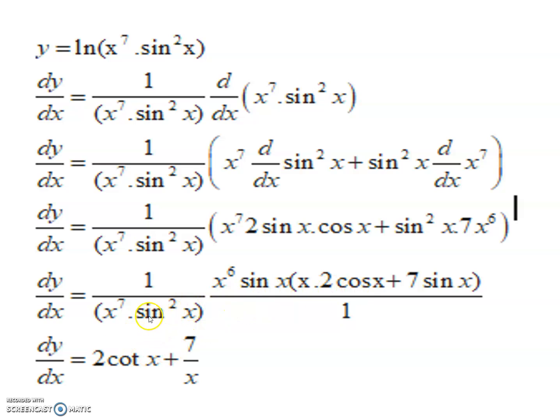We know that x raised to 6 and x raised to 7 get cancelled, so 1 upon x is remaining. Now sin square x gets cancelled, and we have cos x upon sin x, which is obviously cot x. So after simplification, dy by dx is equal to 2 cot x plus 7 upon x.